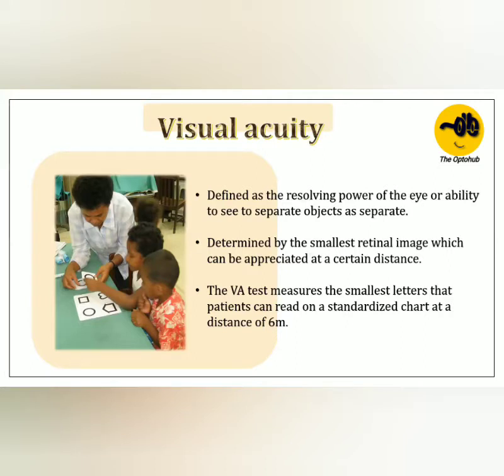So what is visual acuity? It is defined as the resolving power of the eye, or the ability to see separate objects as separate, determined by the smallest retinal image which can be appreciated at a certain distance. And the visual acuity test measures the smallest letters the patient can read on a standardized chart at a distance of 6 meters. Right?